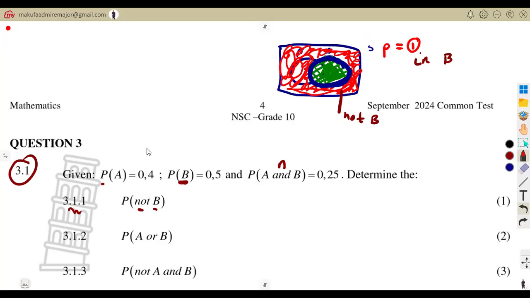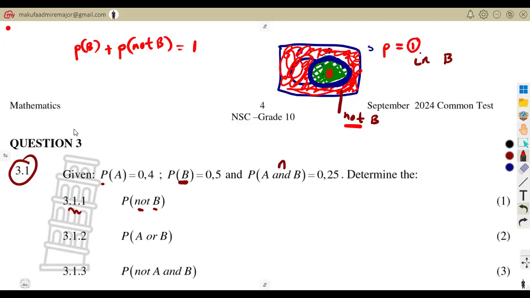When it has occupied everything, this part is representing B in terms of probability, and this part is not B in terms of probability. When they are taken together, as you can see, this shaded part here and this outside part give us the whole sample space. And the whole sample space is equal to 1.